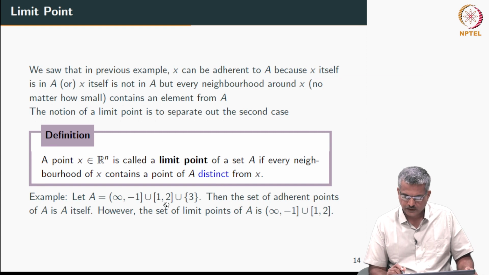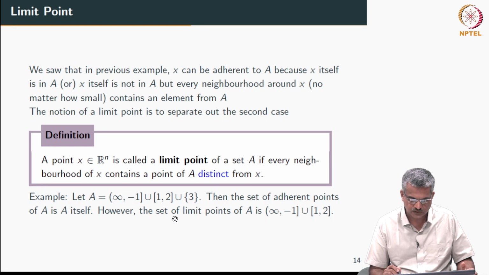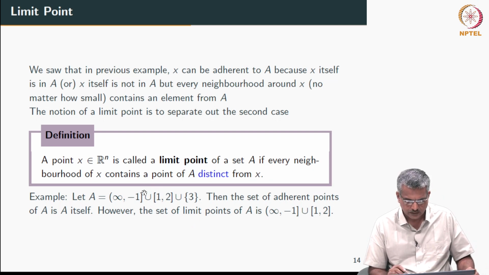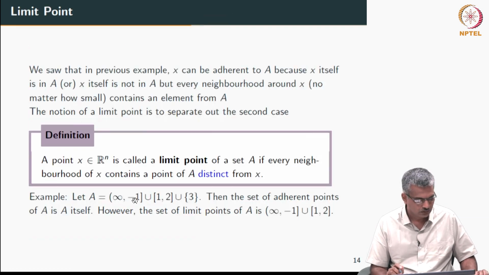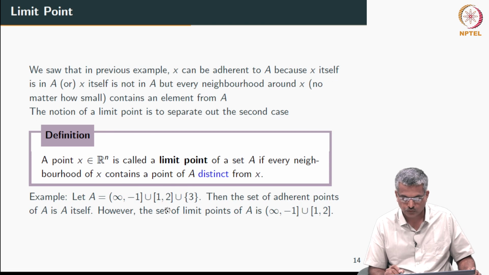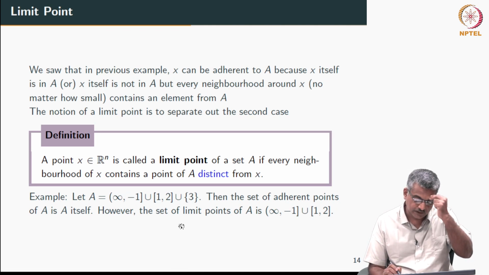Here I have an example to capture all the notions we have studied. The set is a union of three sets: minus infinity to minus 1, union 1 to 2, union the singleton 3. We denote the singleton by this curly bracket. The first one should have been minus infinity, it is a typo.